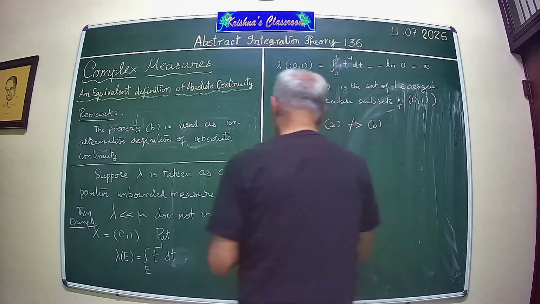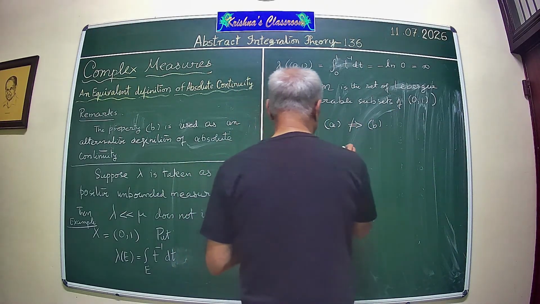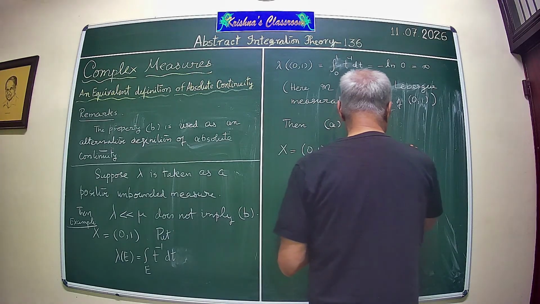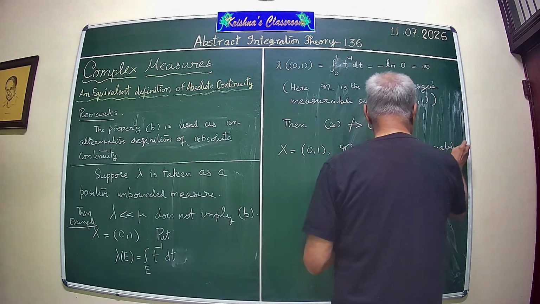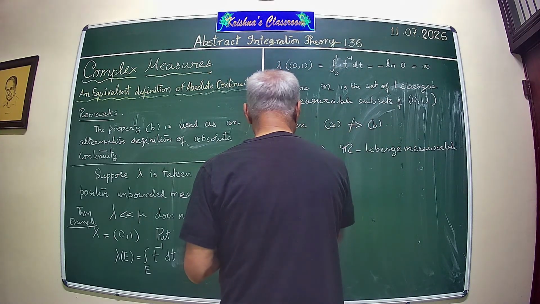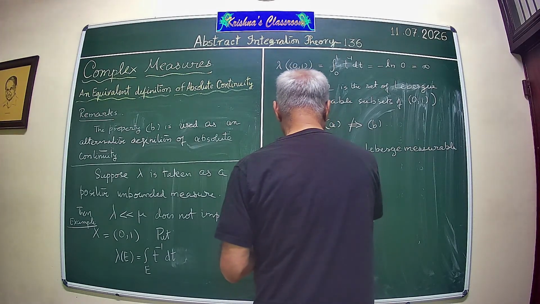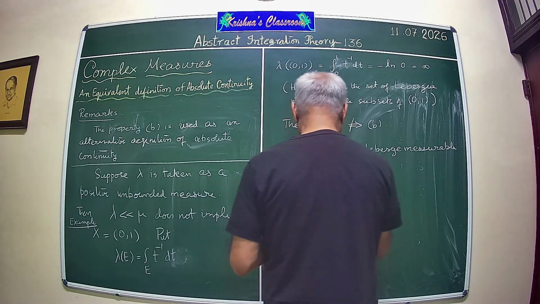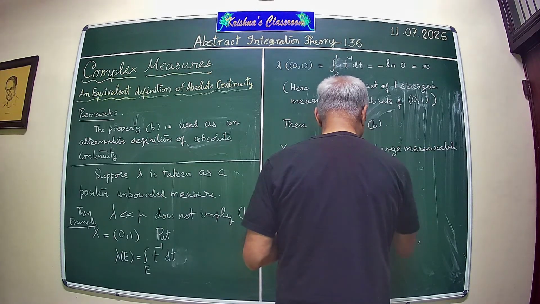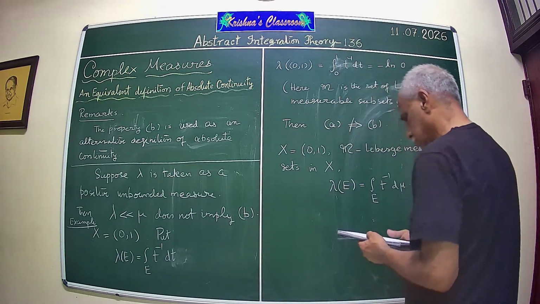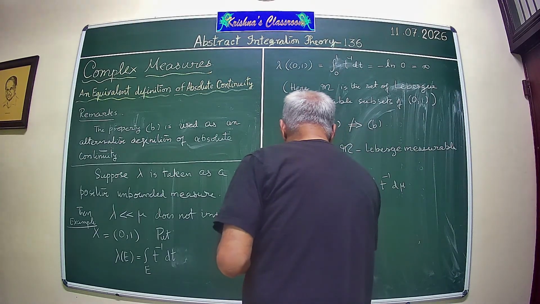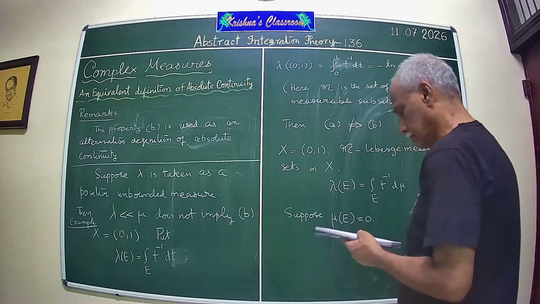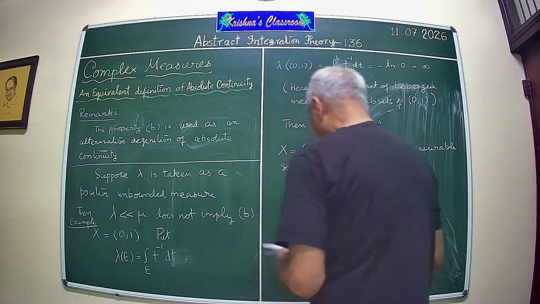For example, we'll look at this. That is the sigma algebra that you take. Lambda of E is equal to the integral over E of d mu. Suppose mu of E is equal to 0. Then what you have is this.